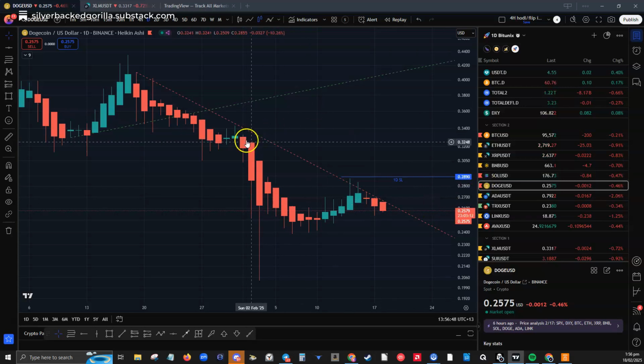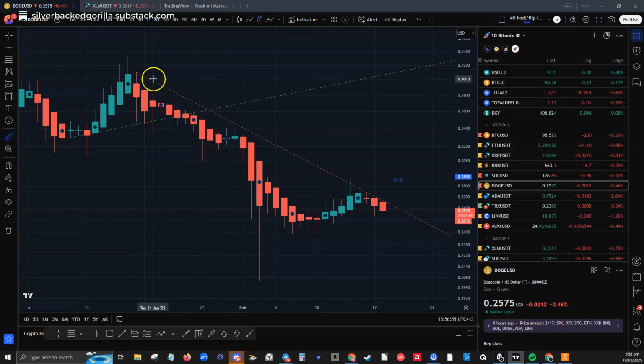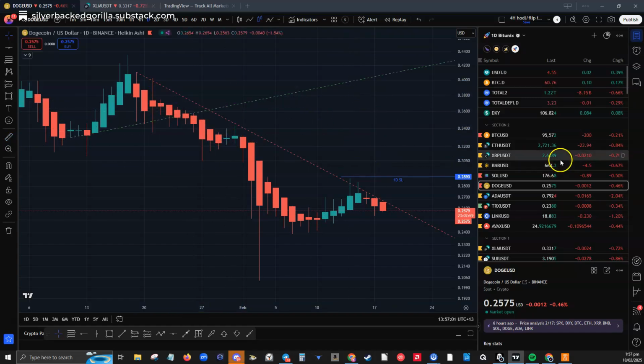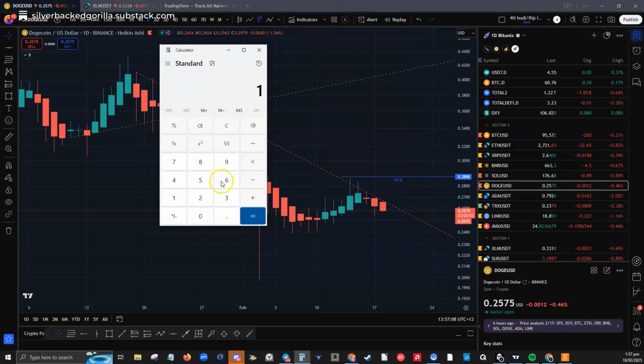So hopefully we'll get one of these and rack up a nice profit. 16%, something like that would be nice. Now don't forget 16%, if you work this out, is 16% times 5.